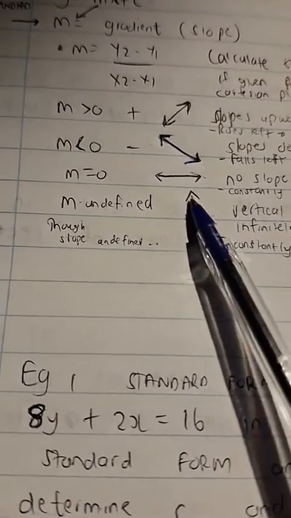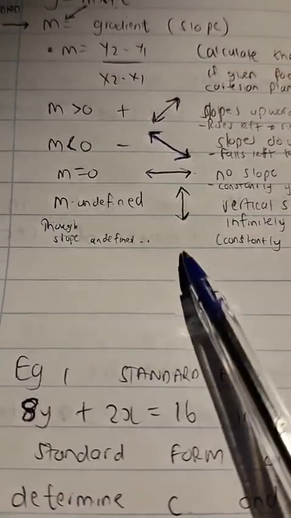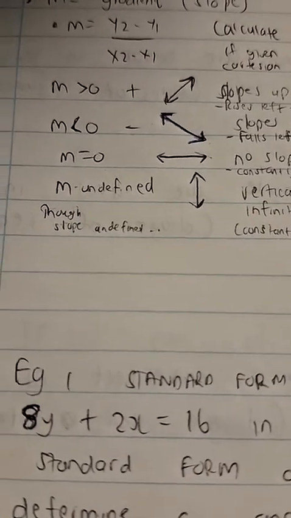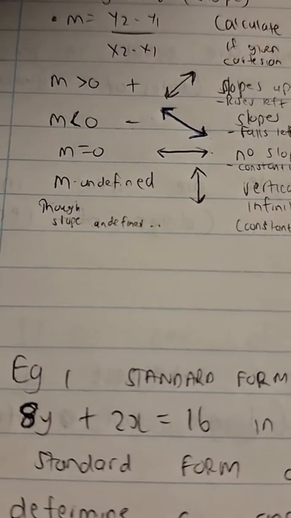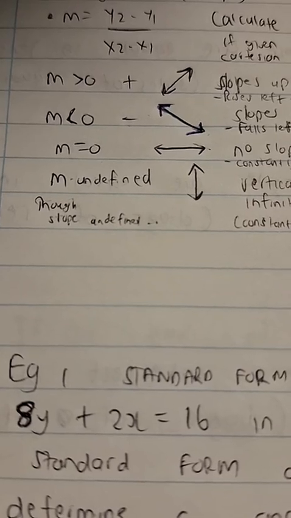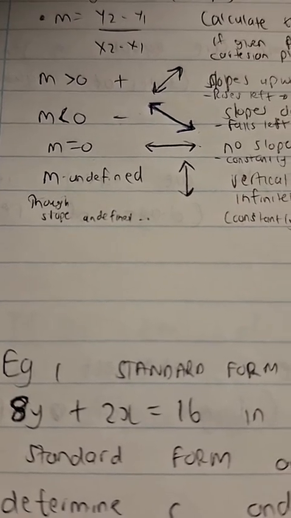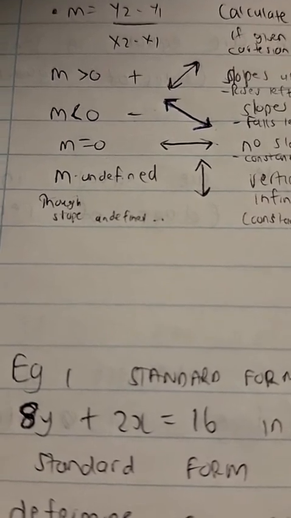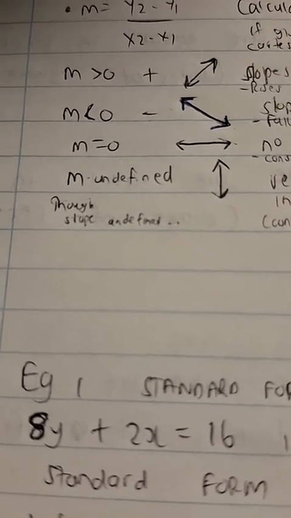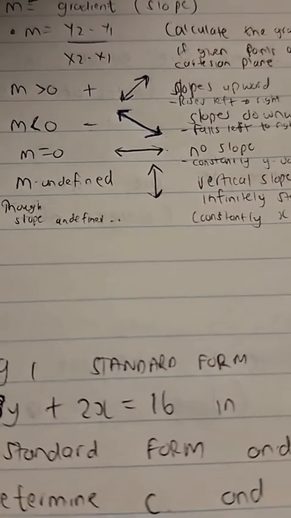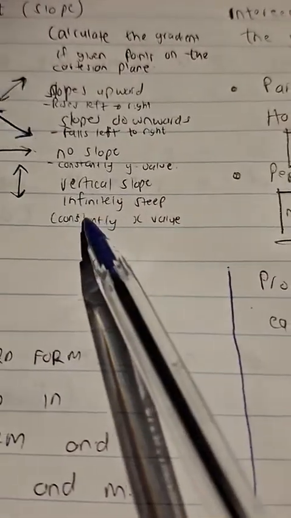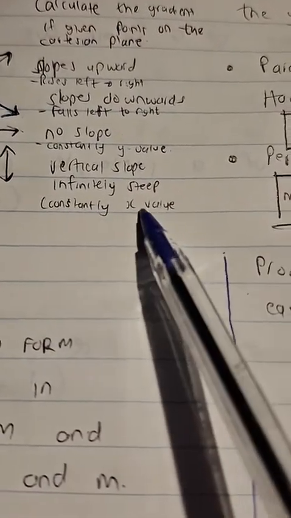And if you remember very, very well, I explained that whenever m is undefined, it means that our straight line won't be horizontal, but it will be a vertical line. Okay. And what is it about it being a vertical line? There's constant x values.